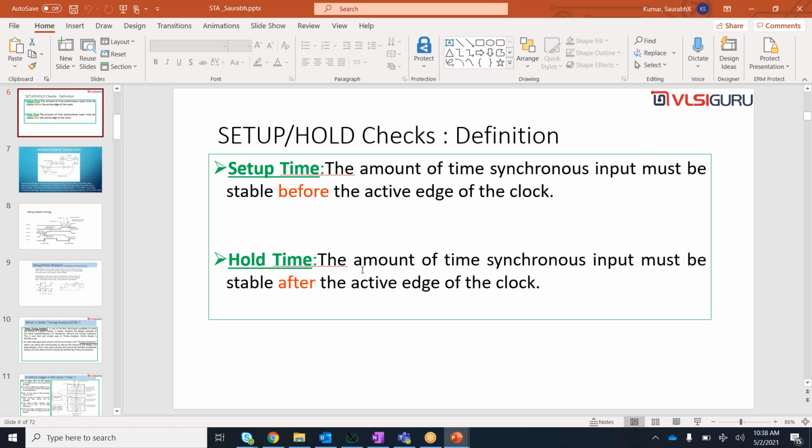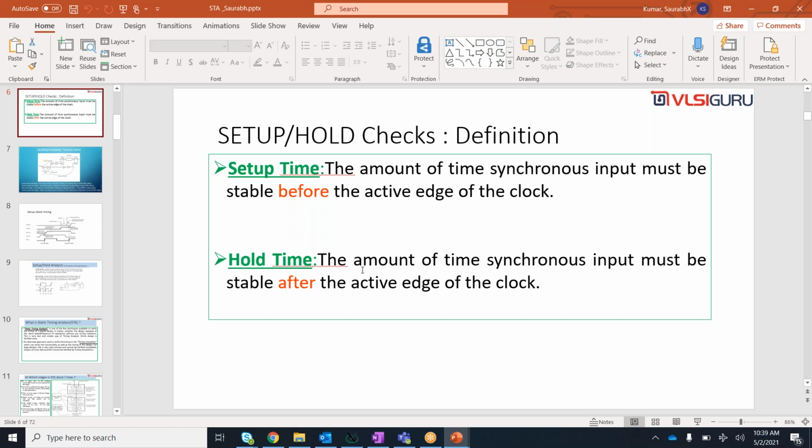There may be a chance that while your data is transferring from input to output, something happens and your input gets changed, and the sequential element goes into metastability or something. To avoid this, we hold the input data stable so that I have a smooth transition from input to output. That is called the hold time.